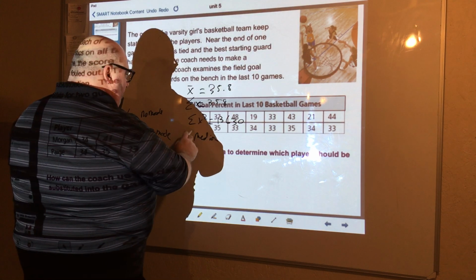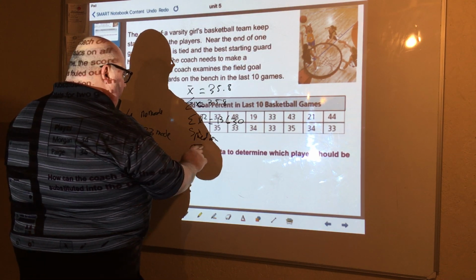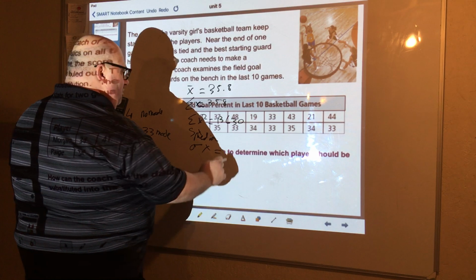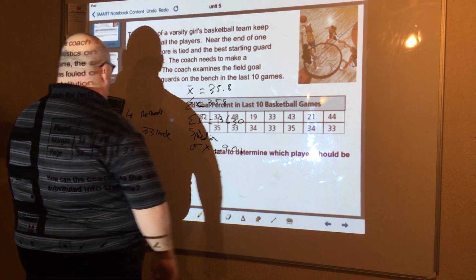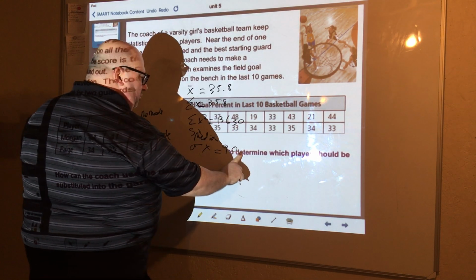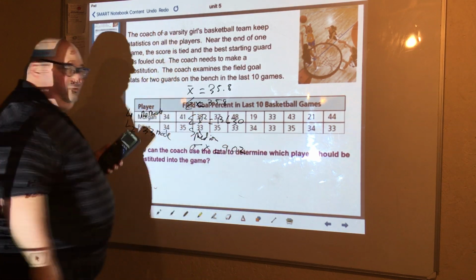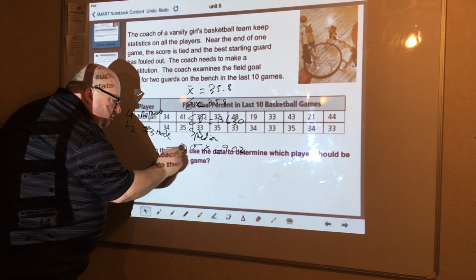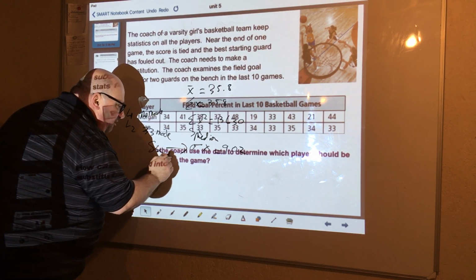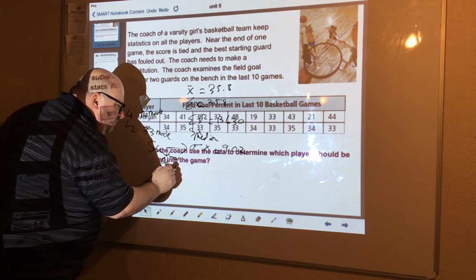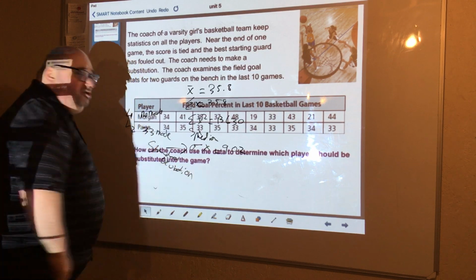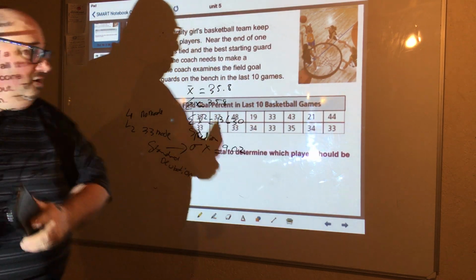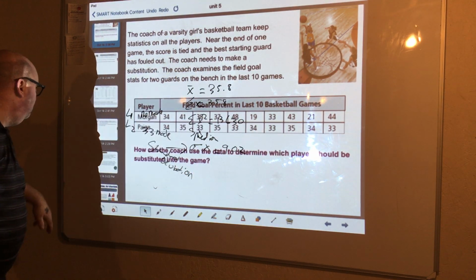Then we're going to skip this and look at this symbol: 9.01, actually 9.02 if I round to 2 decimal places. This is our standard deviation.